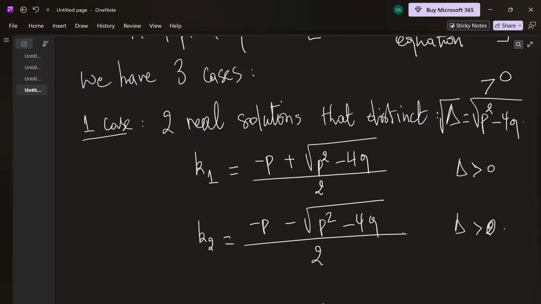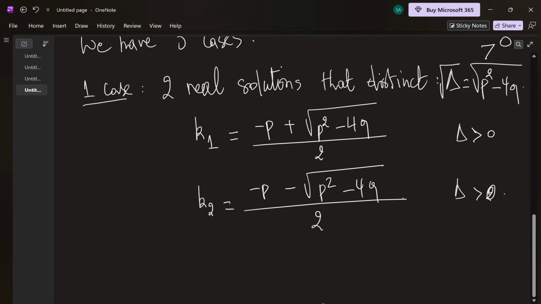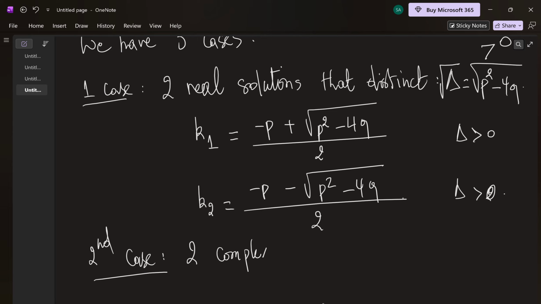Now the second case. This is the first case that we will discuss. The second case is when we have two complex solutions.